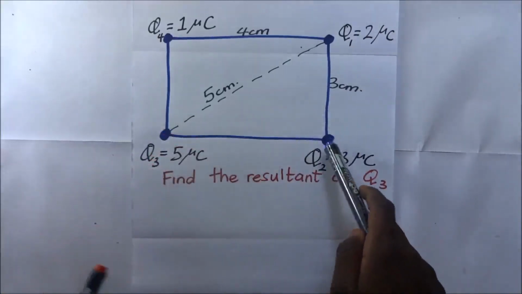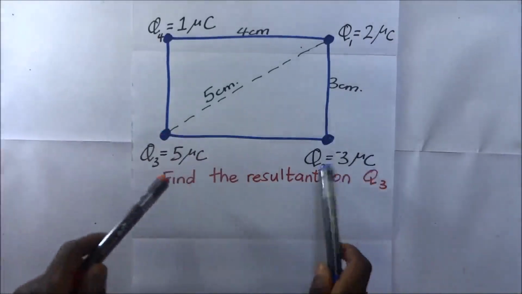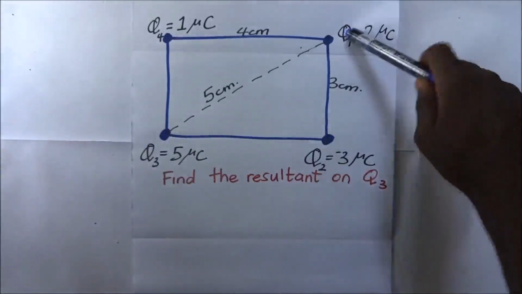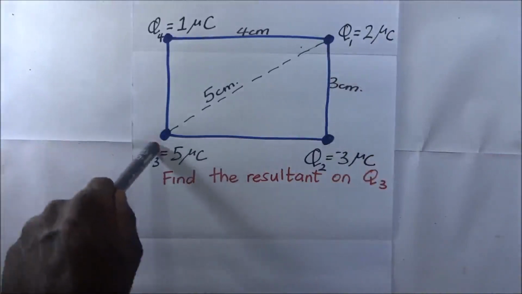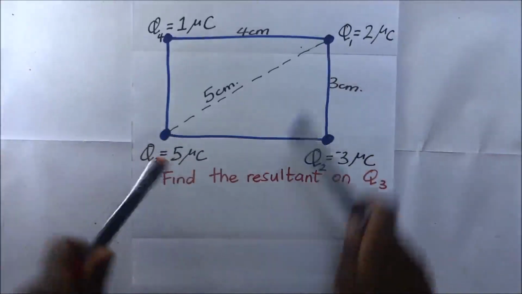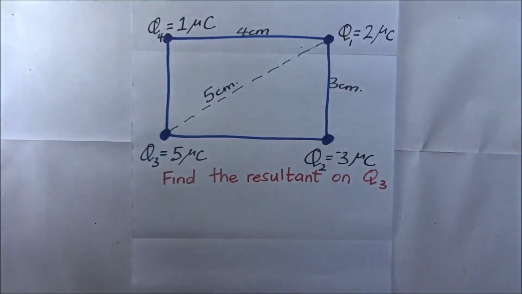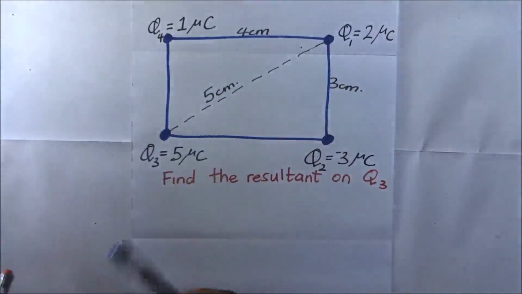So if this charge is to be stationary, it will be pulled in that direction. The force due to Q2 will be pulling this in this direction. The force due to Q1 will be pushing Q3 away, because this is positive, that is positive, and since like charges repel, it means they will be parting separate ways. So this will be moving in this direction.